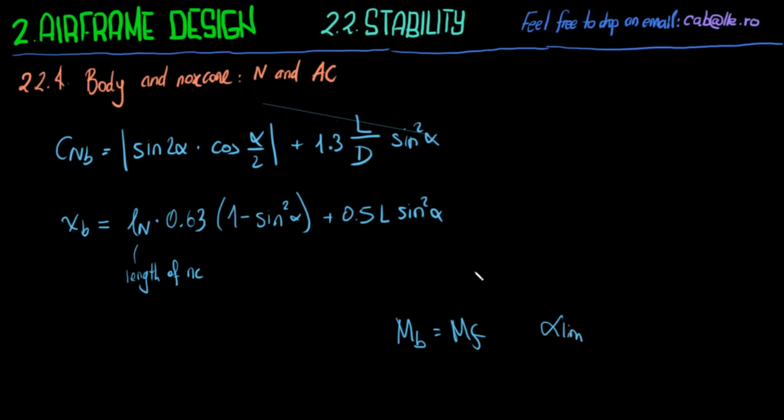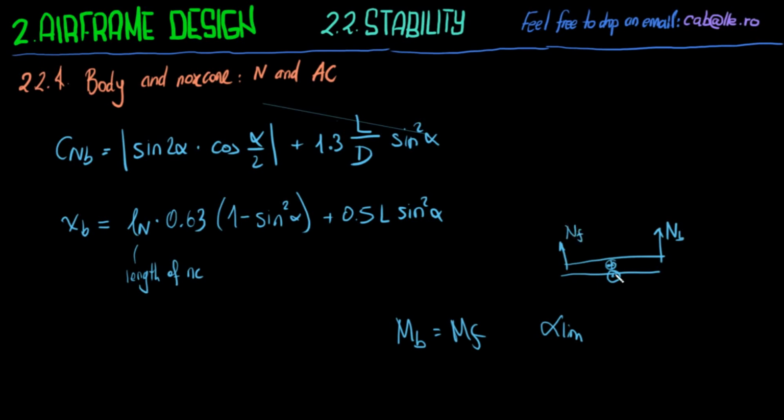And if these two moments are equal, the distance between the aerodynamic center and the center of gravity has to be 0, because we still have the normal force due to the body, and we still have the normal force due to the fins.